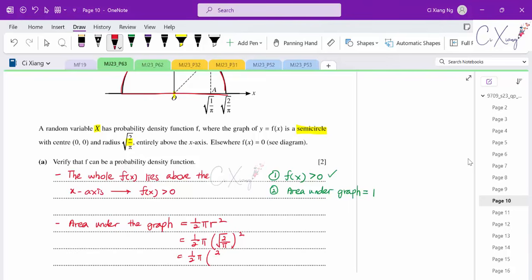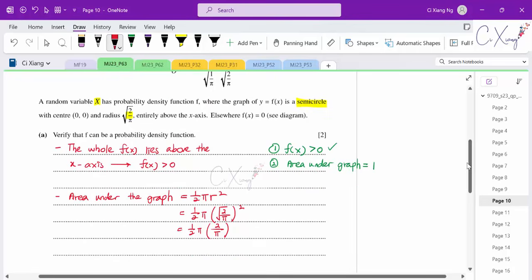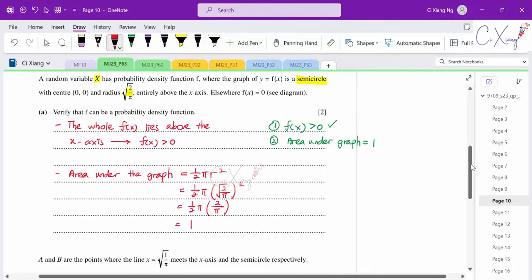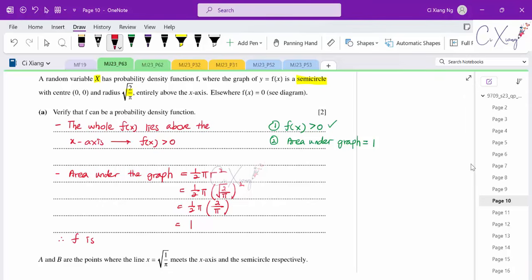Then I have 2 over pi here. When you simplify, it equals 1. So we have proved the two properties for a probability density function, and we can make a simple conclusion that f is a probability density function.